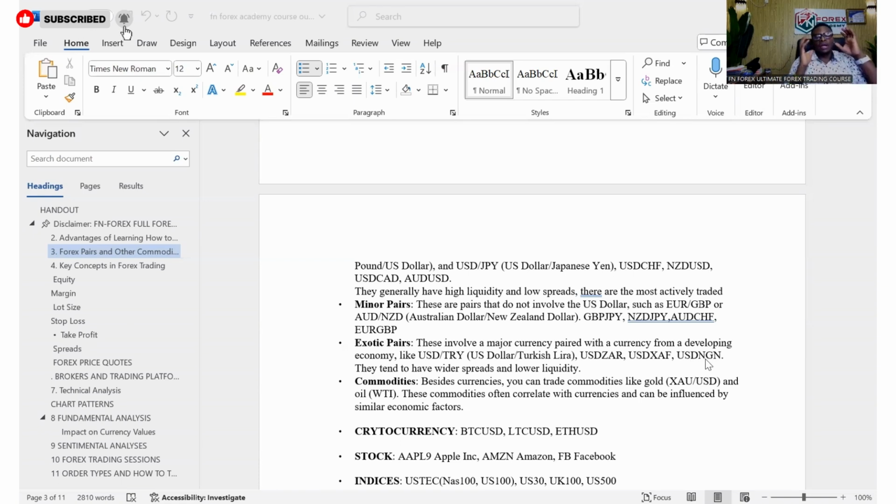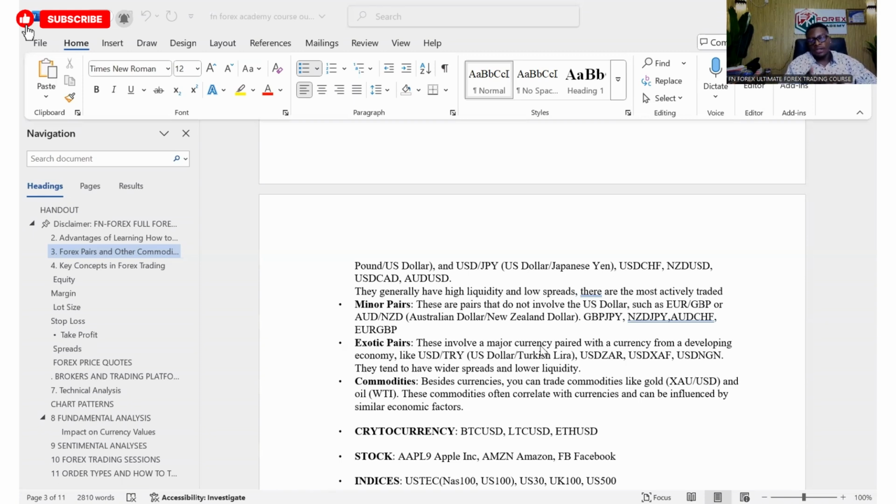These are pairs where currencies of developed countries are paired with currencies of developing countries. And like I said, they have wide spreads and low liquidity because transactions are hardly going on between these developing countries' currencies. It might take long before you see some movement on this particular pair. So generally, it's not recommended for you to trade.